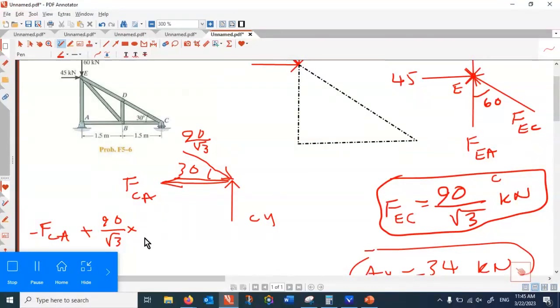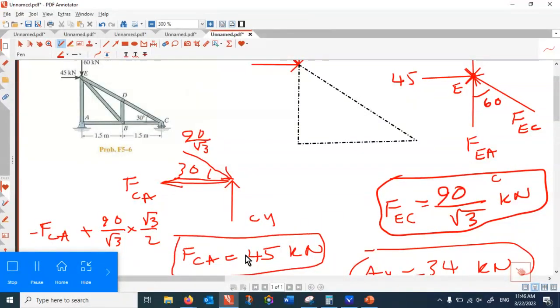So we don't have to construct a triangle on that. You can construct a triangle, yes, but even Cartesian is okay. 90 over root 3 multiplied by cos 30. Cos 30 is root 3 over 2. All right? So therefore, FCA becomes 45 kilonewton, and that is under compression.